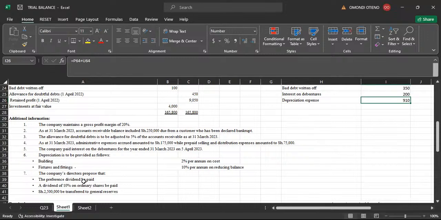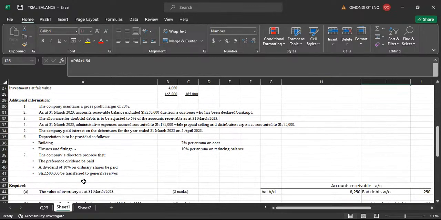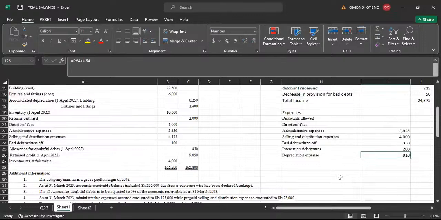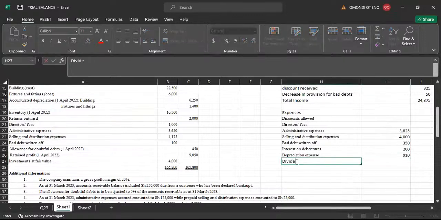They just proposed that the preference dividends be paid, and then the dividends of 10% on ordinary shares also should be paid. So the dividends, we can combine them for preference and ordinary.